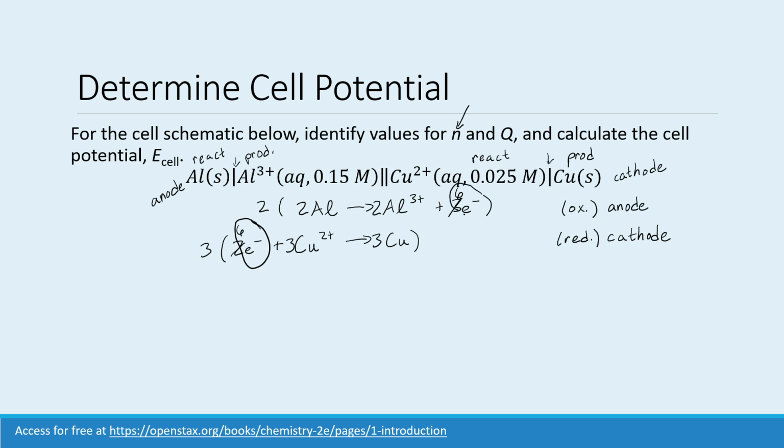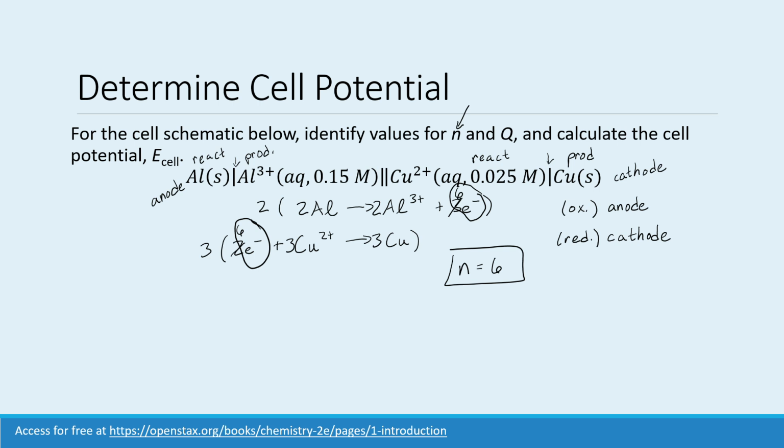So that means that our value for N has to be the number of electrons, as long as they match on both sides. And so from that equation we learn that N is equal to 6. Okay, so we found our value for N.